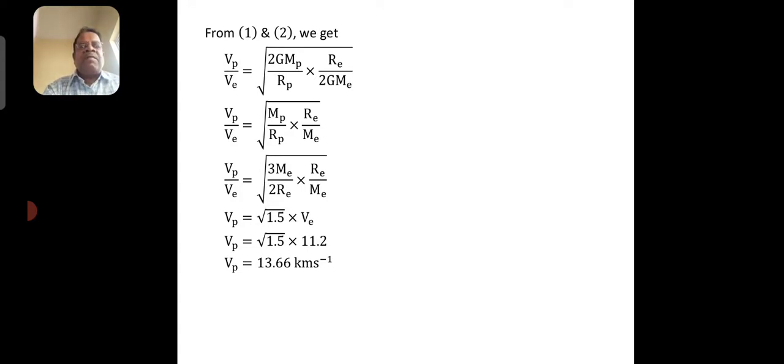In place of Rp, you substitute 2Re, that is twice the radius of the Earth. Put Re by Me as it is under the root. After simplification, Vp equals root 1.5 into Ve. Escape velocity of the Earth is 11.2 km per second. Therefore, Vp equals 13.66 km per second.